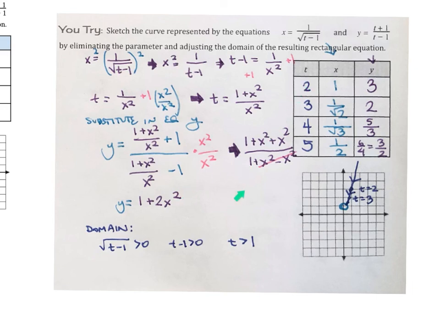And then your equation will be y equals 1 plus 2x squared. So you know that's just shifted up, and it's a parabola that goes right 1, up 2. And then you plug in t values, and t has to be greater than 1, so you start at t equals 2, and then you get 1, and you plug in these values, and you notice that it gets closer and closer here, so this is the orientation of the curve.